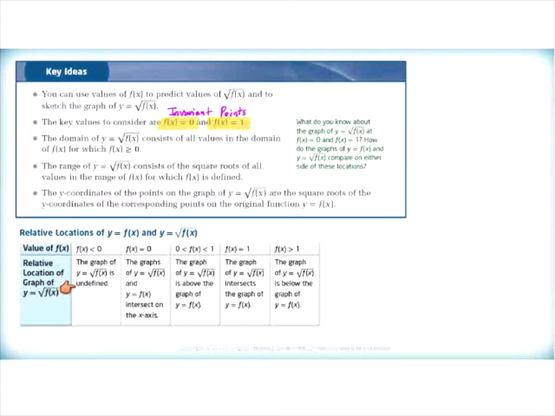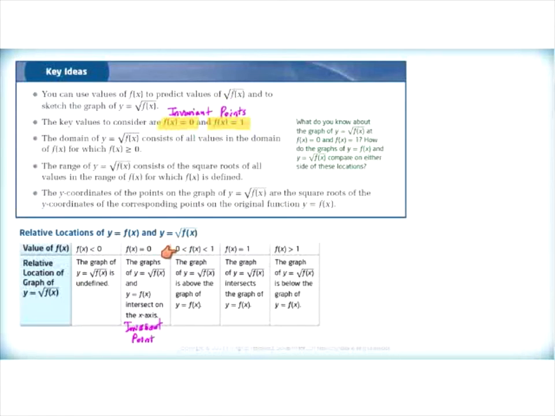Again, because it would result in taking the square root of a negative number, which is not defined using the real number system. When f of x is equal to 0, the graphs of y equals the square root of f of x and y equals f of x intersect on the x-axis. That would provide us with a coordinate for the invariant point.